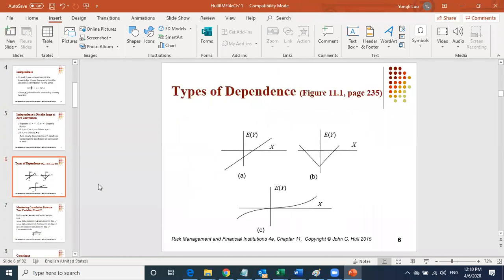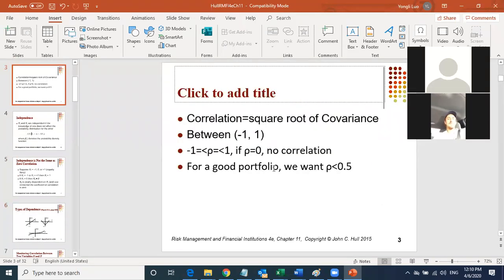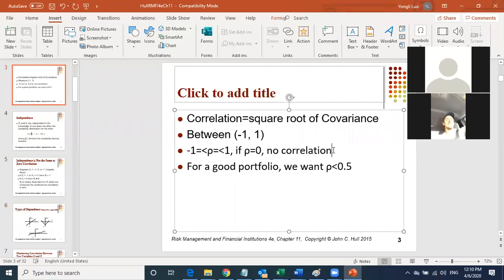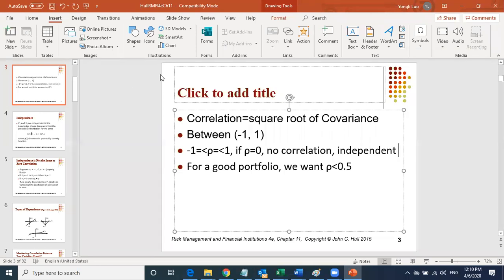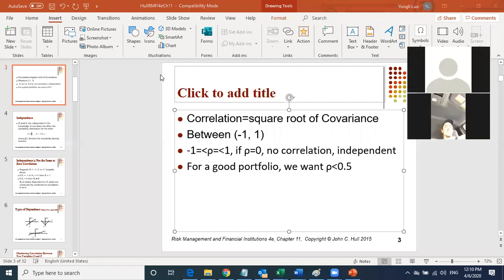So we have another concept called dependence. If this is equal to 0, no correlation, we also call the two independent.